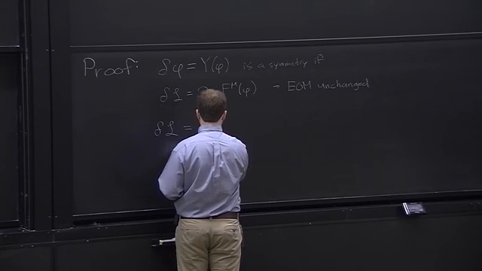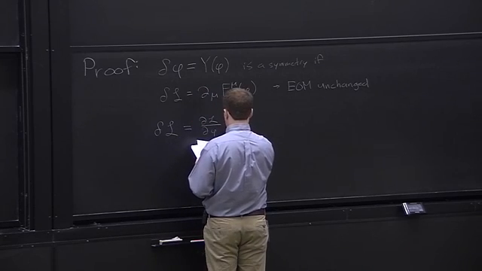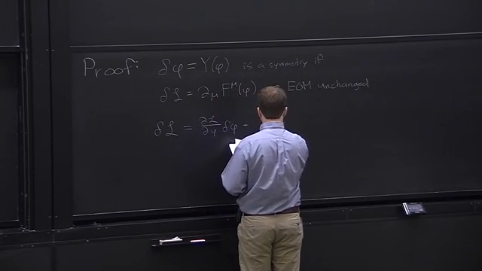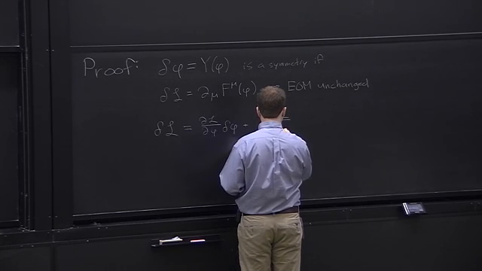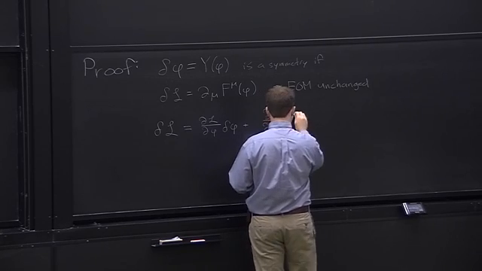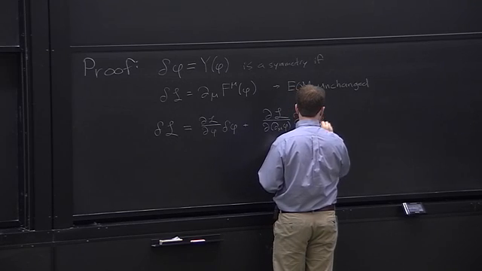We'll get a term dL/dφ times the variation of φ. And then we'll also get a term dL/d(∂_μφ) times the derivative of the variation of φ.